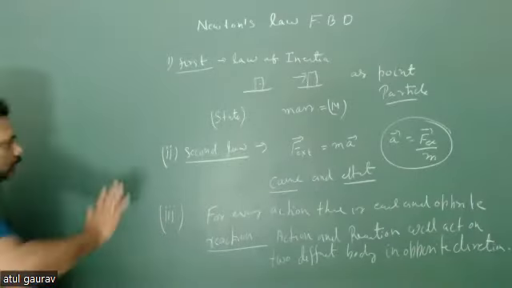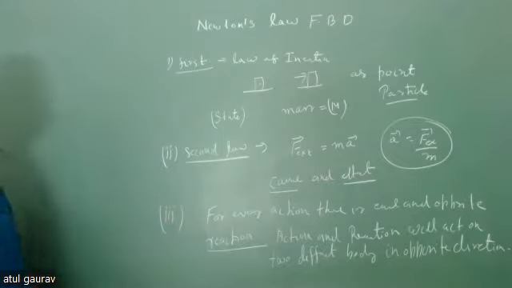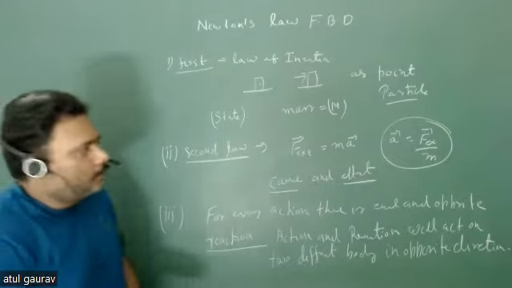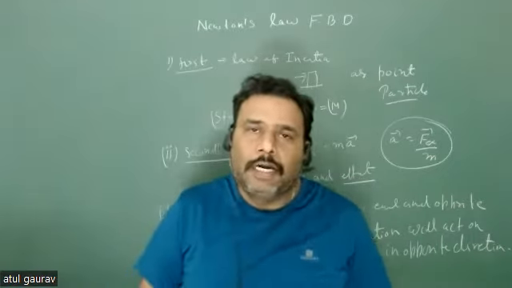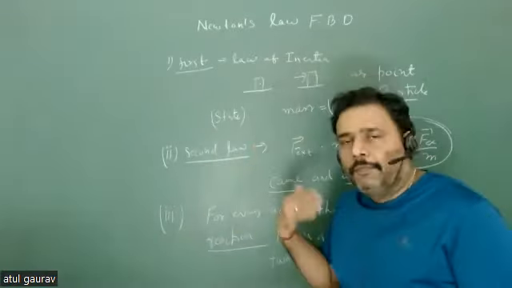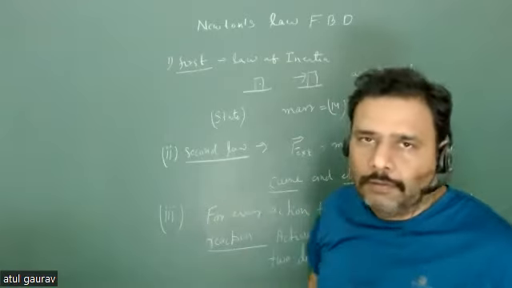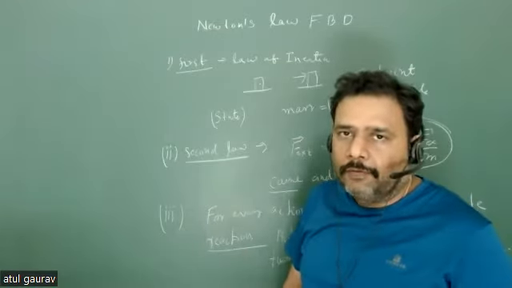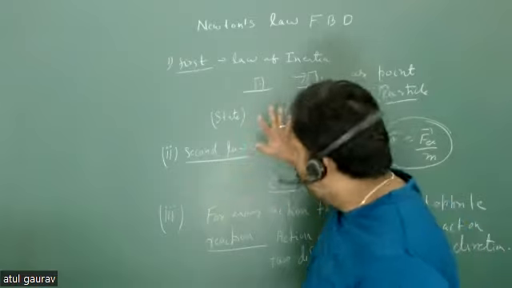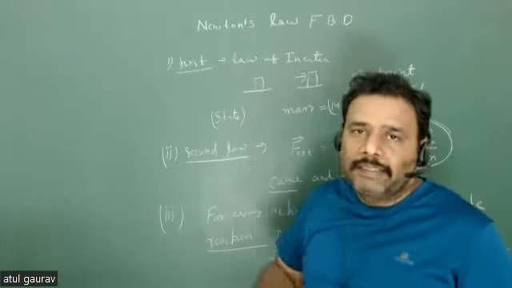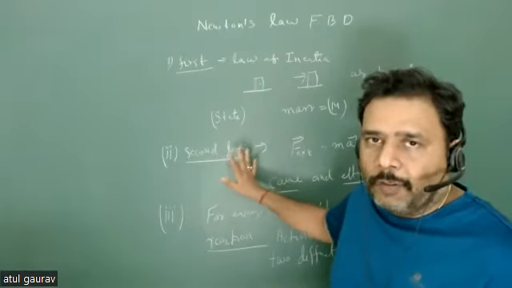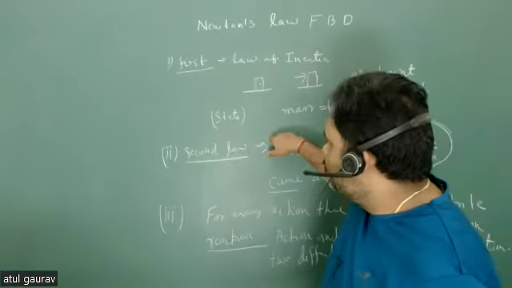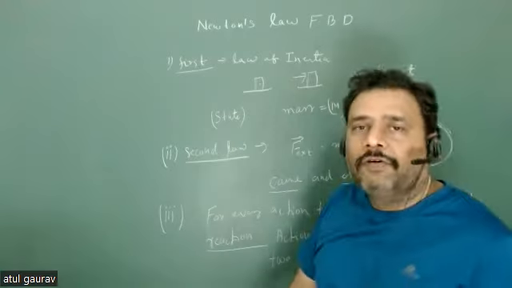Suppose I am pushing this particular board, then what will happen? Suppose मैं इस board को push कर रहा हूँ. I am pushing the board, and board will also push me, isn't it? तो एक्शन अगर बोर्ड के ऊपर हो रहा है तो उसका रिएक्शन कहाँ हो रहा है? मेरे हैंड के ऊपर हो रहा है. Are you getting my point? So if this is the direction of action, then this is the direction of reaction.